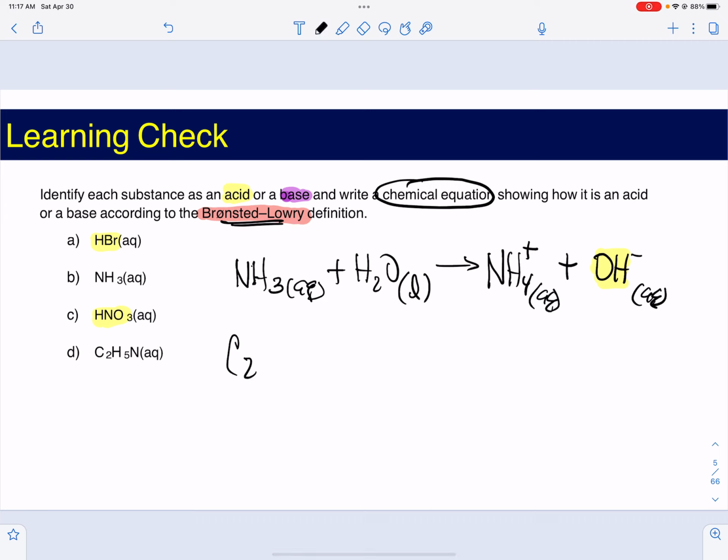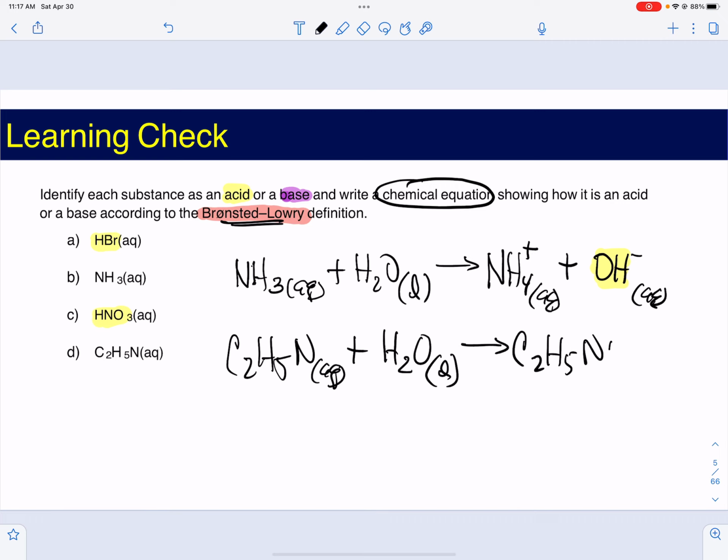So C2H5NH2 aqueous, Bronsted-Lowry, so make sure you add water to it. The base will accept a hydrogen becoming positive, and the water just lost a hydrogen. So here's our evidence that this is a base.